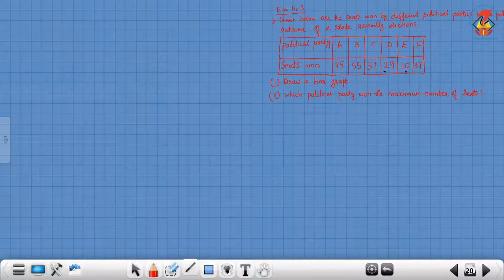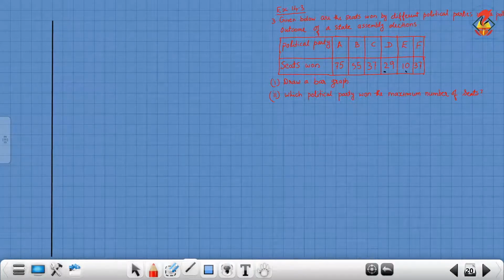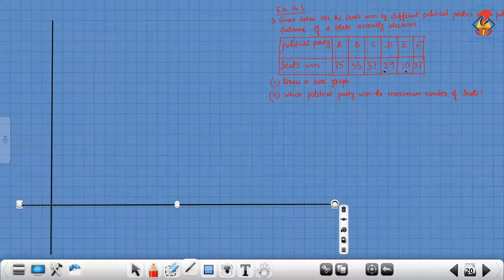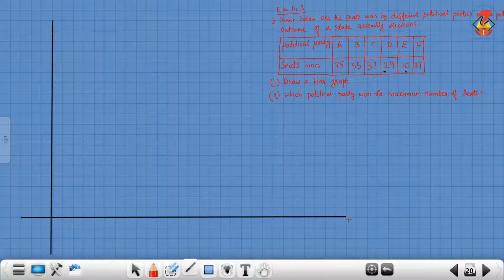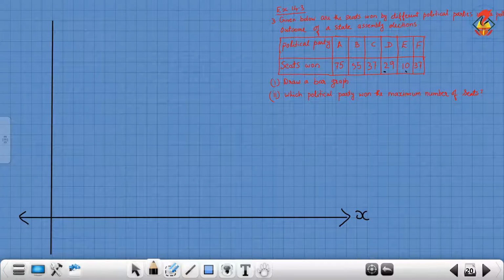First you should draw the x-axis and y-axis. X-axis, vertical line, y-axis.